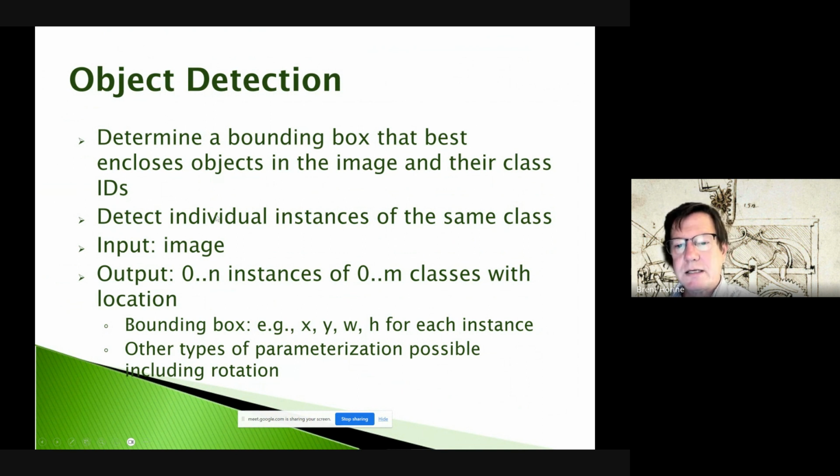So we're going to detect the individual instances of the same class, right? We might have objects of different classes, and we might have multiple objects of the same class.